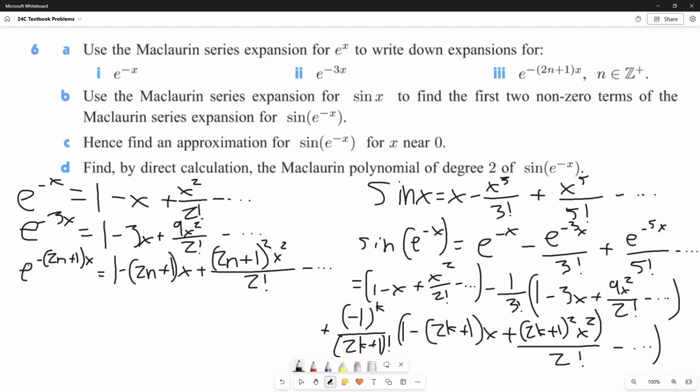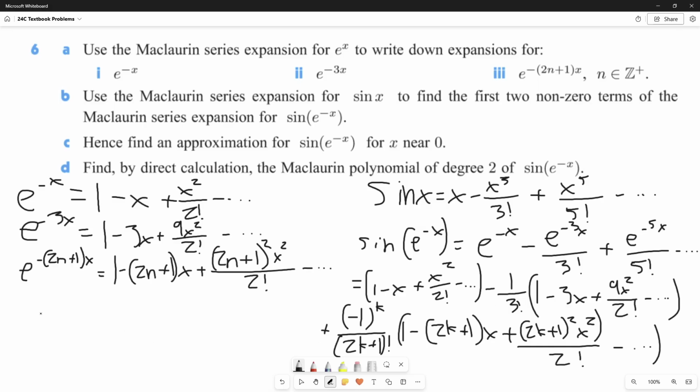And we can put this right here again, because it follows the pattern of negative (2n plus 1) with each following term. And now we need to regroup our terms so that each group has the same power of x.